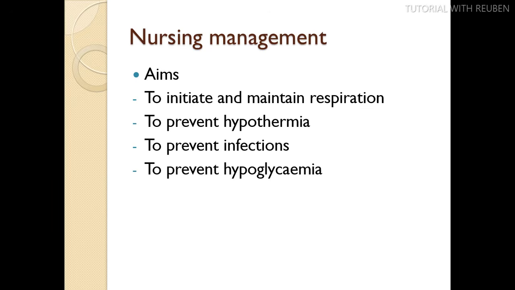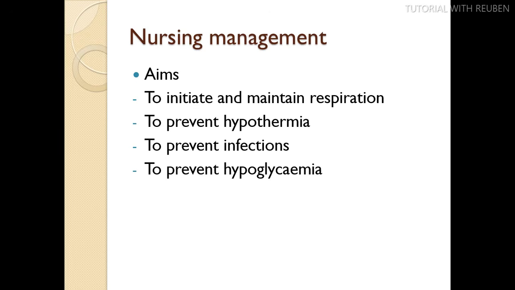Then we're going to watch out for signs of jaundice, and then we're going to do daily weights and weight gain. The reason we'll be doing this is that we want to notice if the feeds that we're giving the baby are actually improving the baby's well-being.